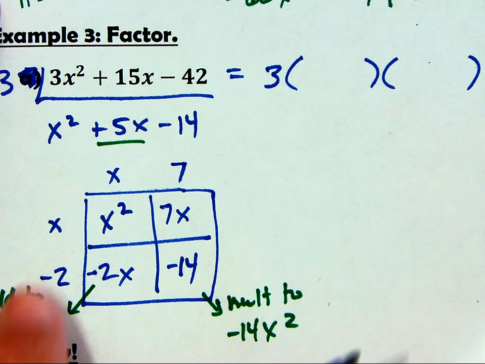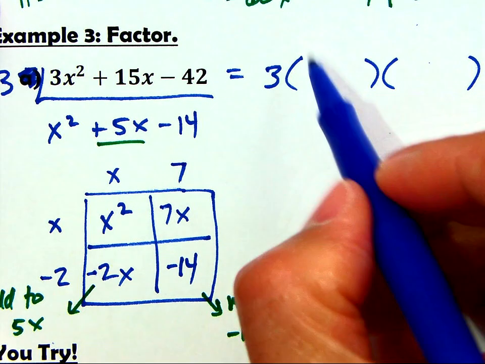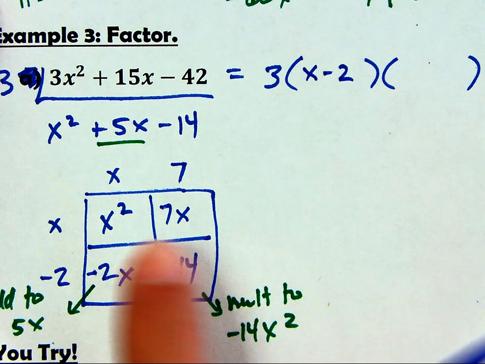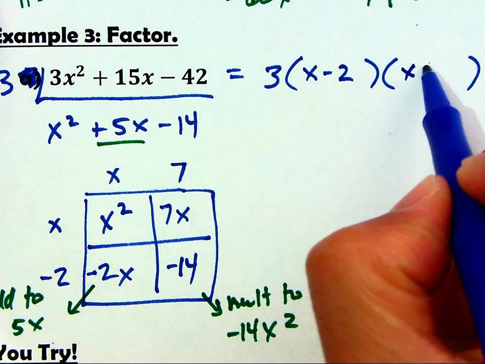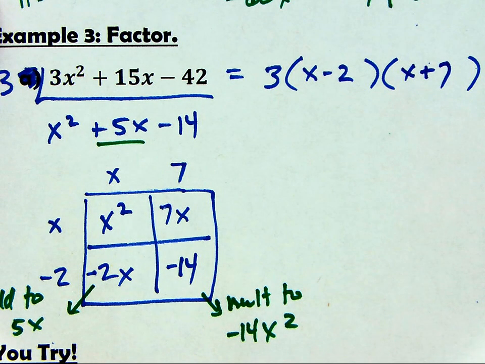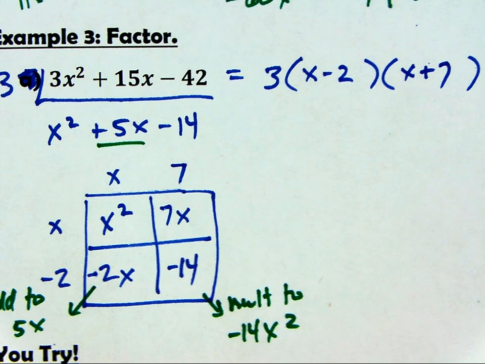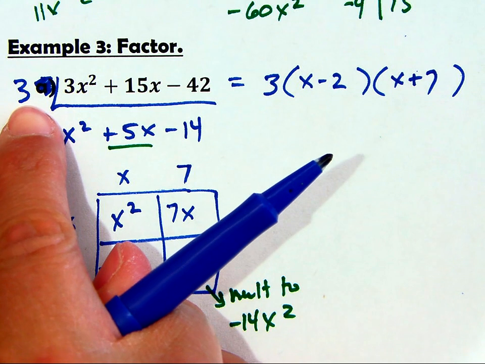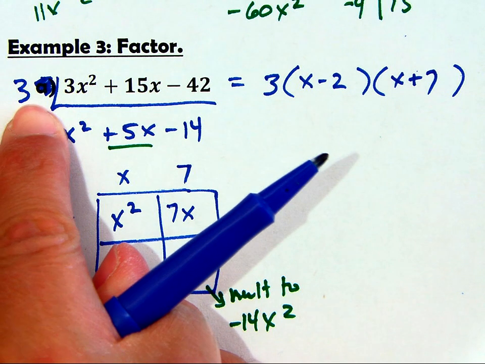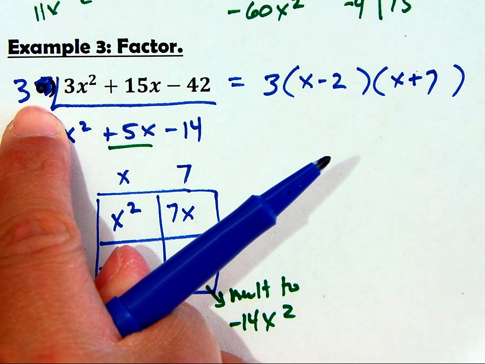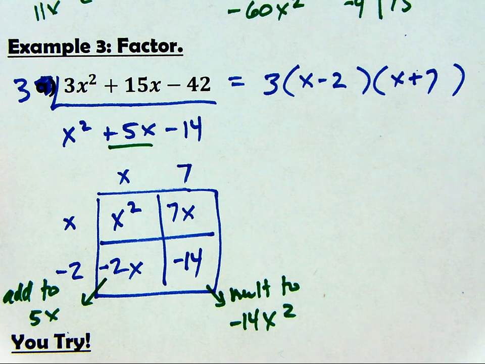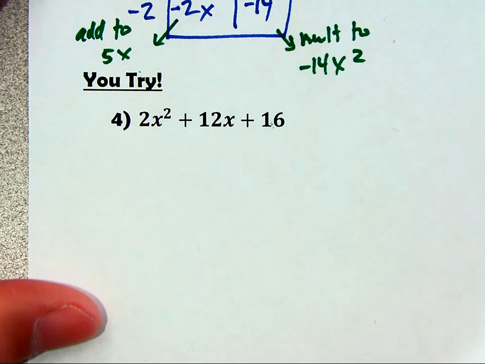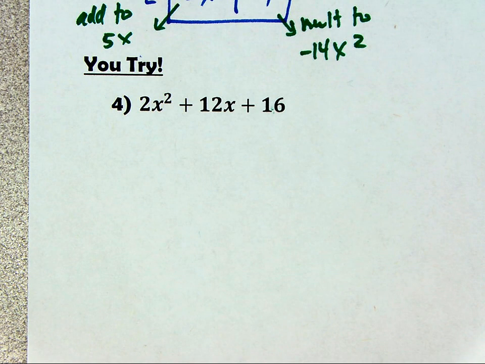So we're going to have x minus 2 as a factor and x plus 7 as our other factor. So just to recap, the only thing new here is that we had to first divide out the GCF, the greatest common factor. Go ahead and do the you try, pause the video, and then I'll go over the answer once you unpause.